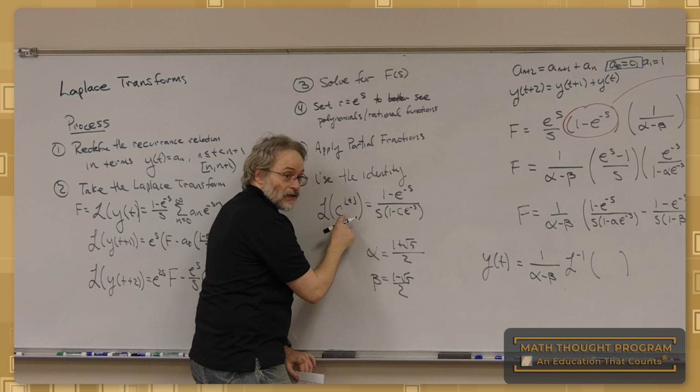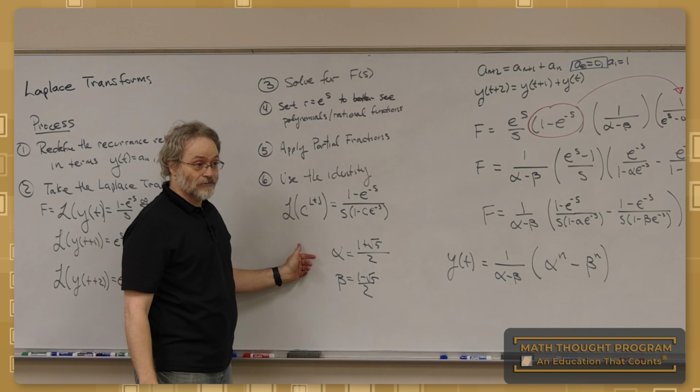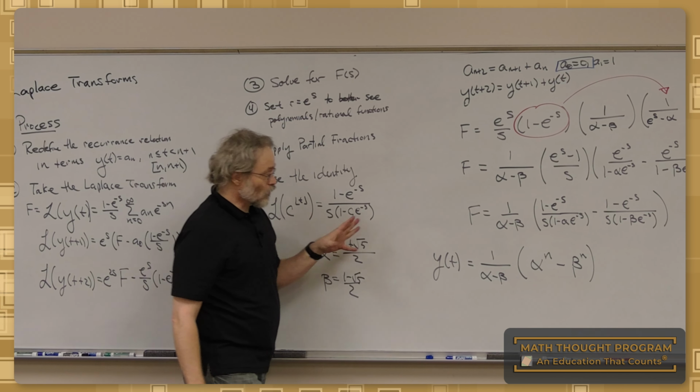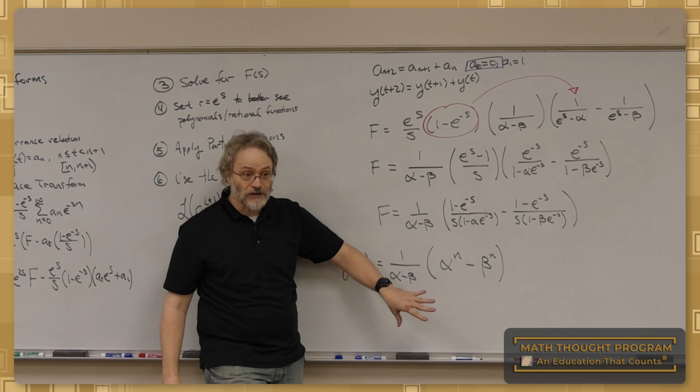So you're going to basically take the power of alpha, subtract it off, there's a minus sign, the power of beta. Where alpha and beta, they're defined like such. And guys, right here, this is the closed form for the Fibonacci numbers.